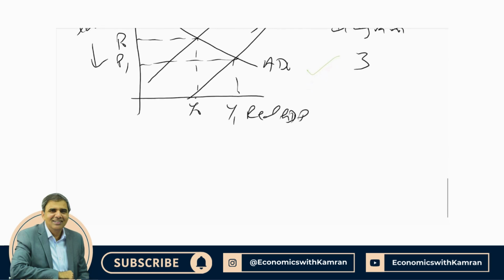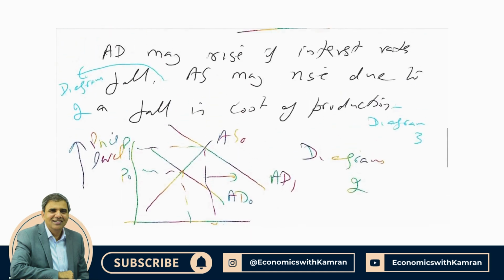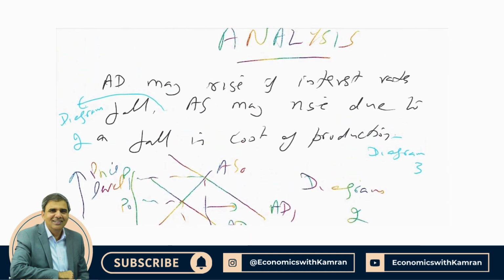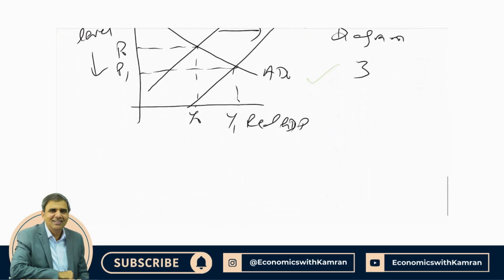For the third mark, you need to give the explanation for the reasons of the shifts, for the increase in AD and AS. So one mark for identifying a reason in both AD and AS, one mark for a diagram which shows a rightward shift in AD as well as a rightward shift in AS, and the third mark for explaining the reason.